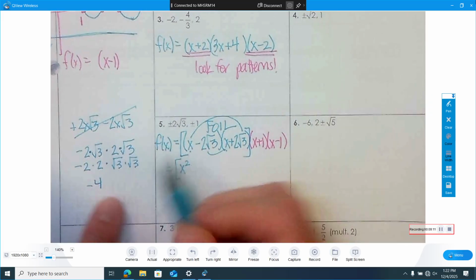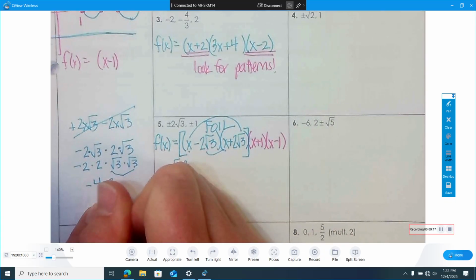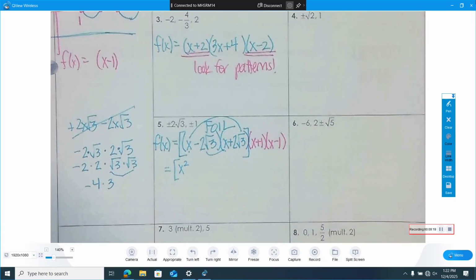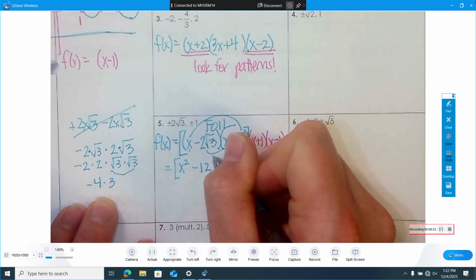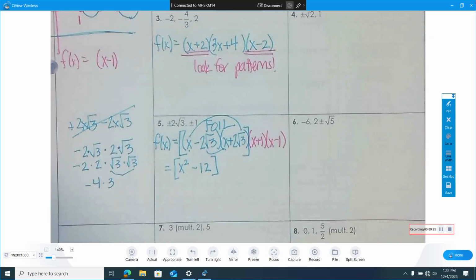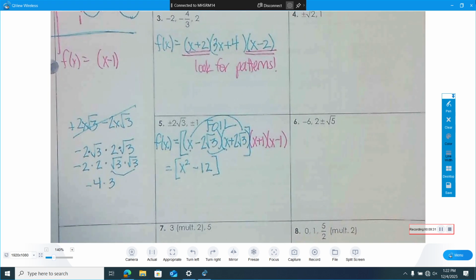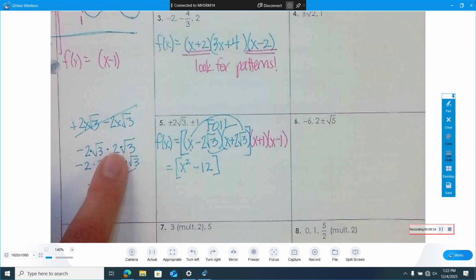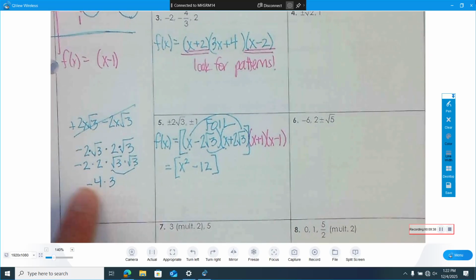Negative 4. What's radical 3 times radical 3? Yes, just 3, good. So yes, radical 9, but that simplifies to just a 3. And so last times last turns out to be negative 12, all right? So being very careful, this is why we did that whole unit on multiplying radicals, all right? But yeah, negative 2 times 2 is negative 4. Radical 3 times radical 3 is 3. And then that cleans up.